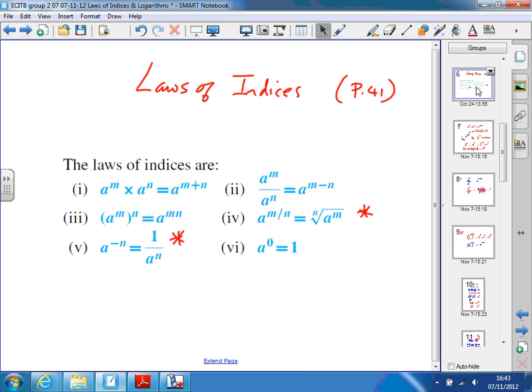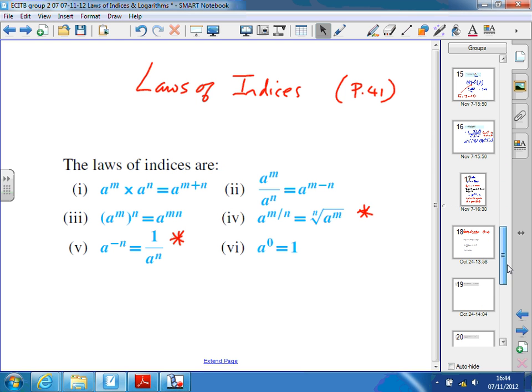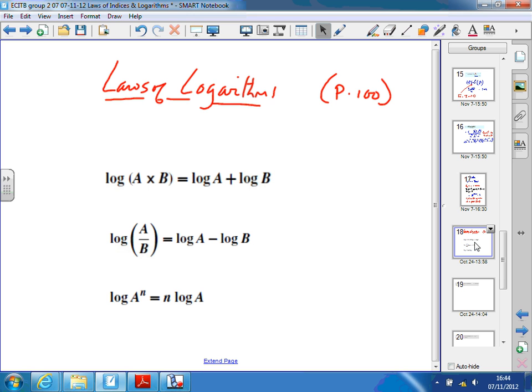So long as the base is the same, I can turn a multiplication into an addition using the first law of indices. So if I turn a number into a power, instead of multiplying the numbers, I add them together. A division can become a subtraction. And so we end up with the laws of logarithms, which are here.